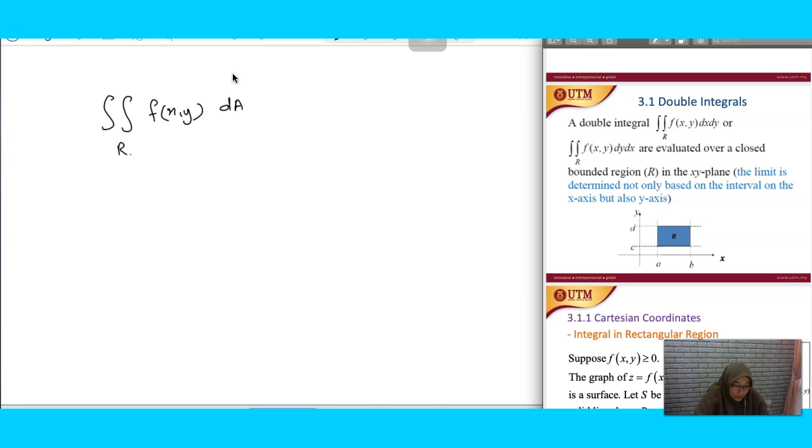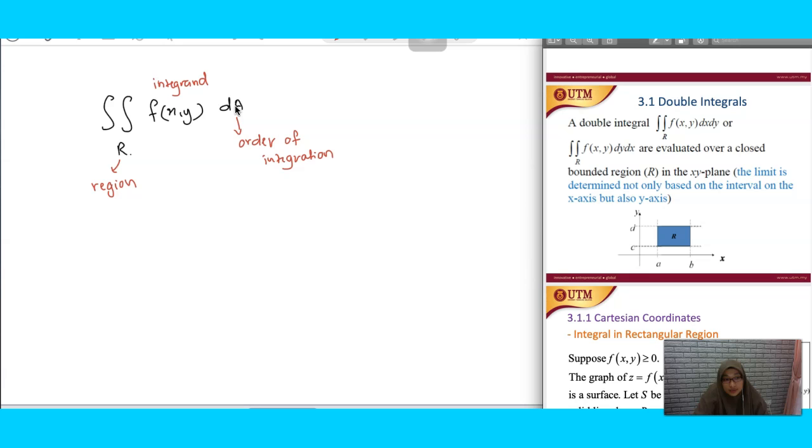Okay, so as I mentioned before, this is the integrand, so we call this the integrand, and this is called the order of integration, and the R here stands for region.